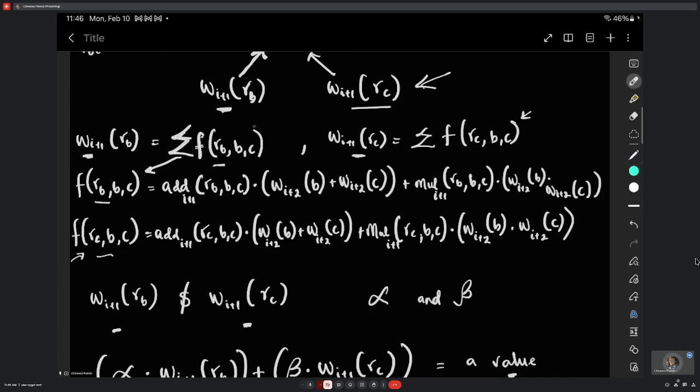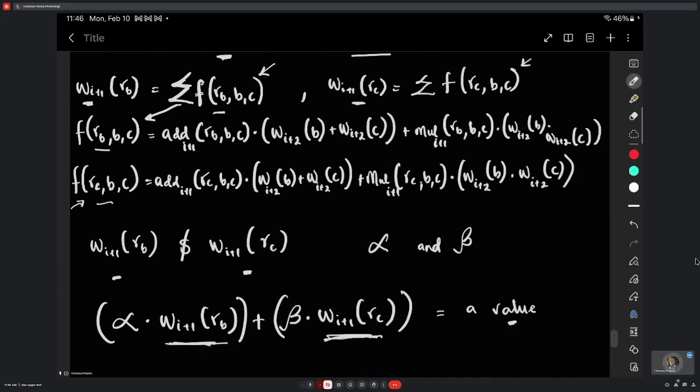You can think of this as W_{i+1}, where r_b now is the output, and r_c was summing over the Boolean hypercube. Makes sense.